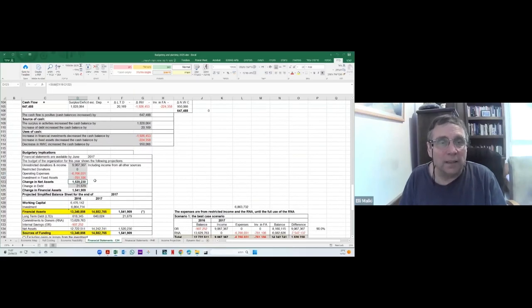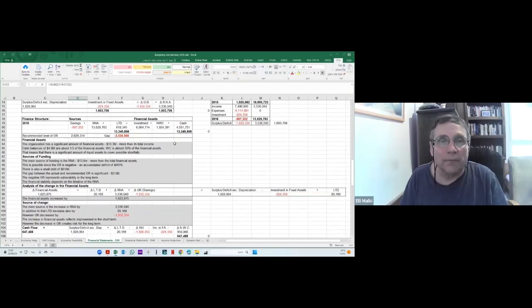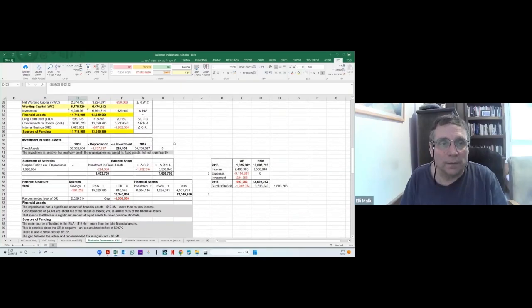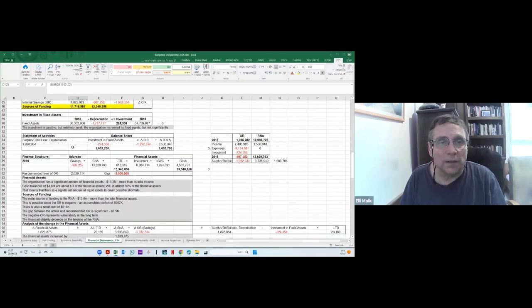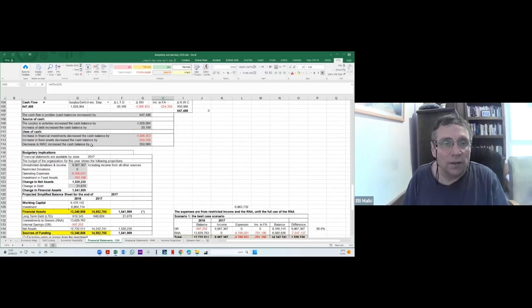So basically, if you recall this connection, we can see here that the change in net assets, which is the sum of change in operating reserve and change in restricted net assets, equals the surplus or deficit plus or minus the investment in fixed assets. This is the basic connection. So we use this connection here.